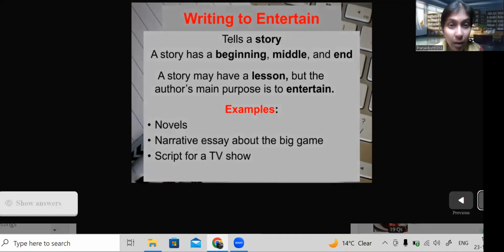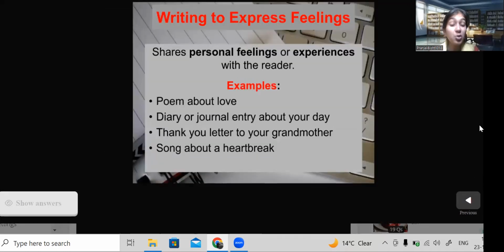Now, writing to express feelings. It shares personal feelings or experiences with the reader. Examples: a poem about love, a diary or journal entry about your day, a thank you letter to your grandmother, a song about your heartbreak. So the author also shares personal feelings or experiences with the reader.